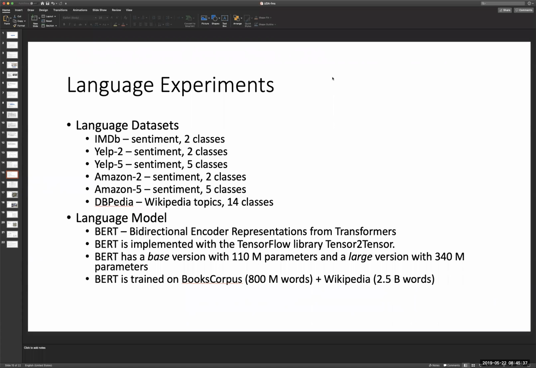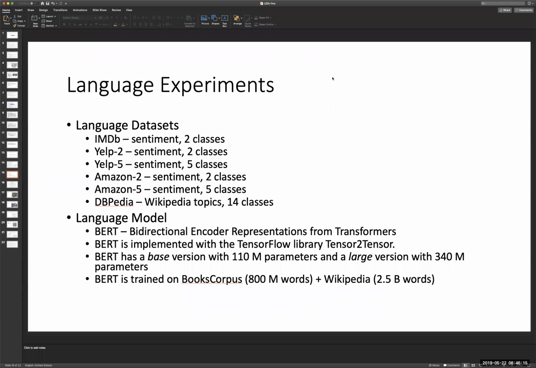So the language model that's going to be used in these experiments is BERT, which stands for Bidirectional Encoder Representations from Transformers. So BERT is based on transformers, and transformers are a type of attention mechanism, and they've been shown to work well, and they perhaps are an alternate to something like a recurrent neural network, an RNN.